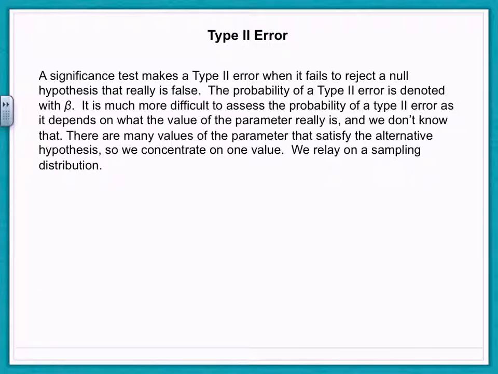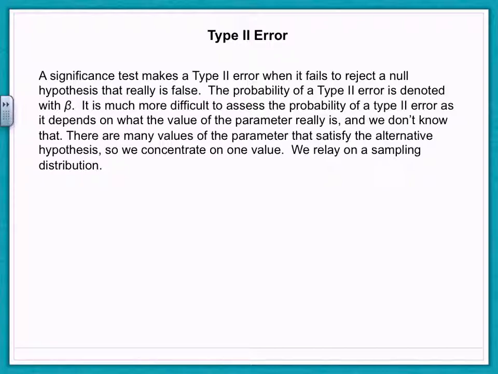The problem is that a type 2 error says that you're going to fail to reject the null hypothesis, but it's actually false. If the null hypothesis is false, that means you don't know what your actual parameter is. There are many values of the parameter that will satisfy your alternative hypothesis.